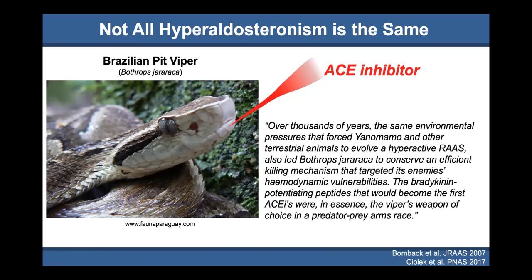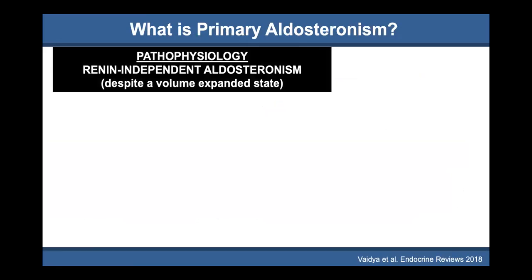Over thousands of years, the same environmental pressures that forced the Yanomami and other terrestrial animals to evolve a hyperactive renin-angiotensin-aldosterone system also led this Brazilian pit viper to develop an efficient killing mechanism that targeted its enemies' hemodynamic vulnerabilities. So what is primary aldosteronism?